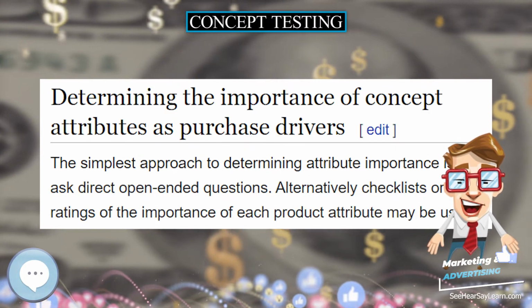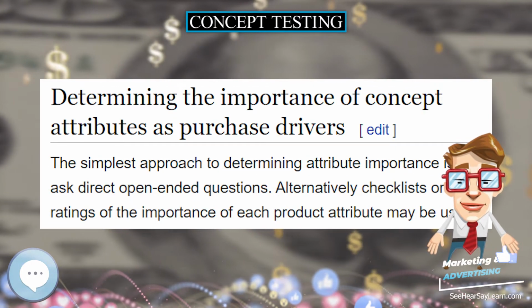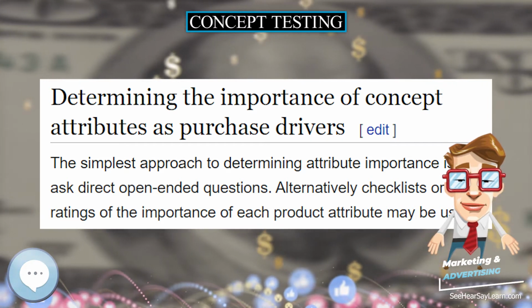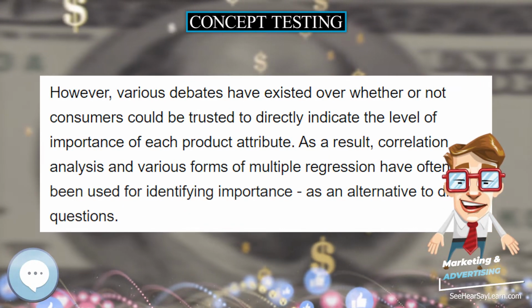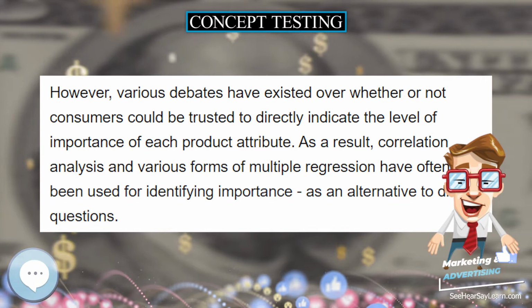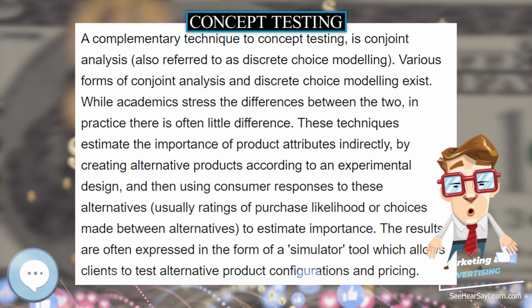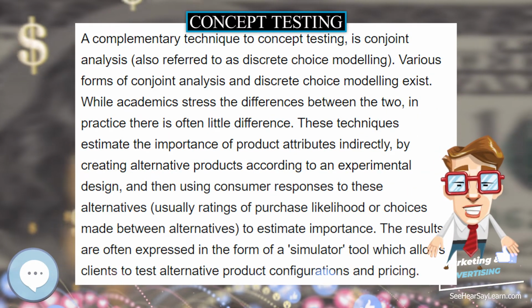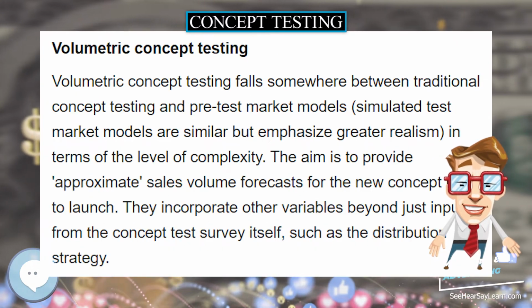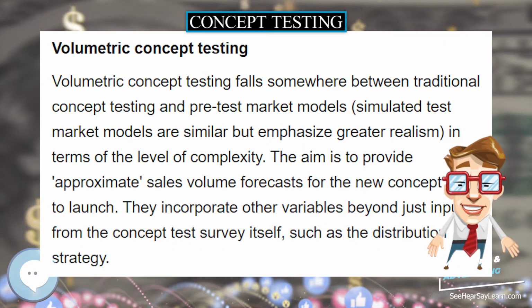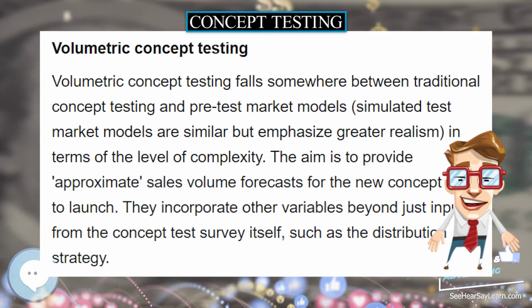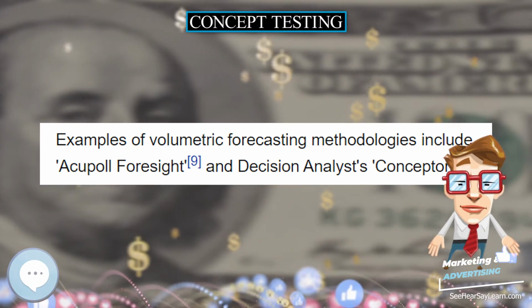The concept is evaluated in isolation. 2. Sequential monadic. Multiple concepts are evaluated in sequence, often in randomized order. 3. Comparative. Concepts are shown next to each other. 4. Proto-monadic. Concepts are first shown in sequence, and then next to each other.